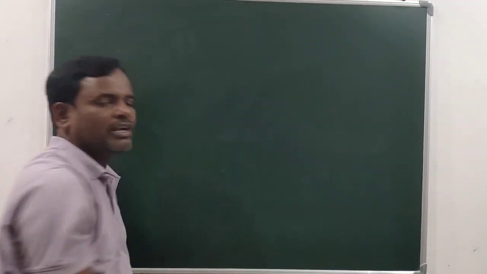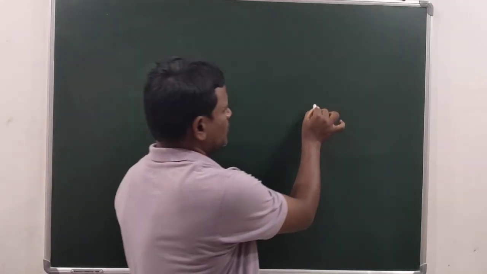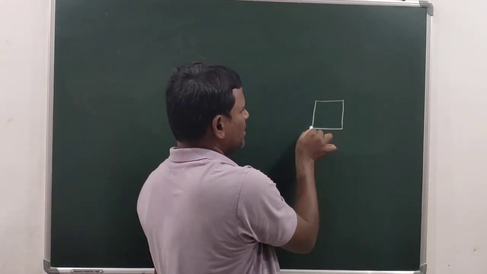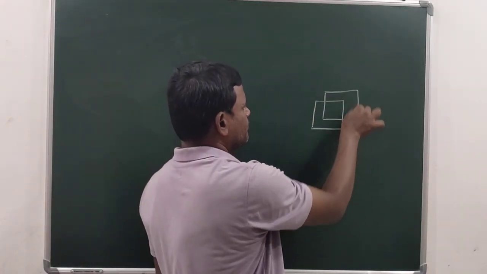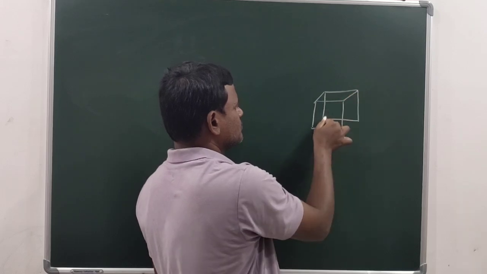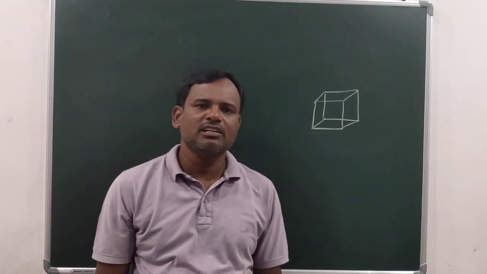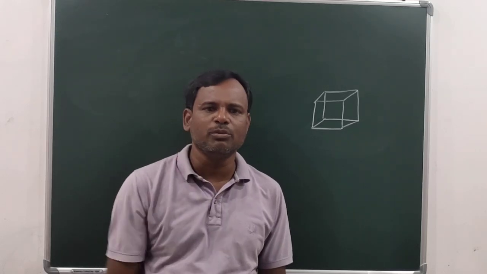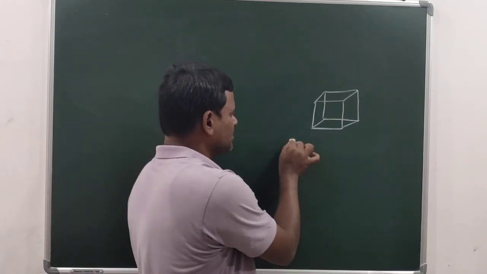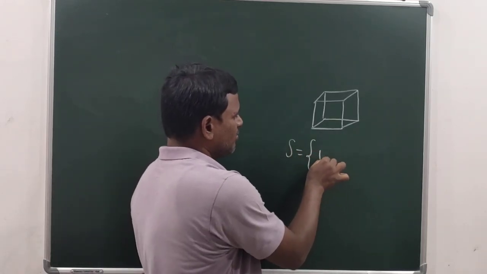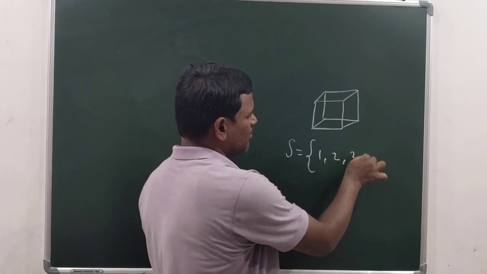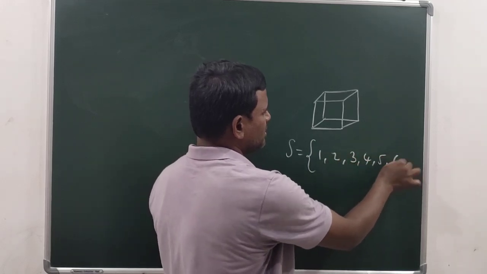See, if you go to the dice, which looks like a cube, which has 6 surfaces. On the 6 surfaces, mark 6 numericals. So we may get the sample space like this: 1, 2, 3, 4, 5, 6.